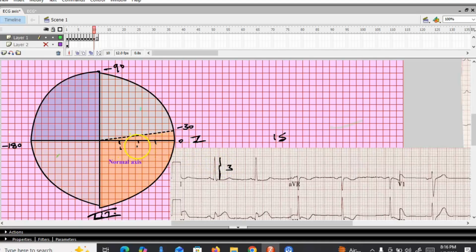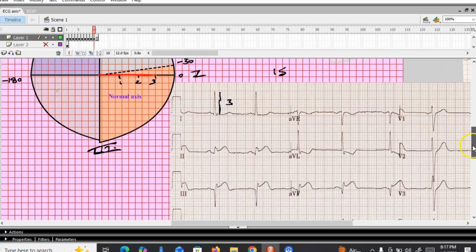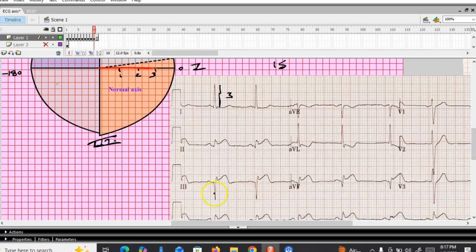Because this is positive, so here this is lead 1. Got it? Now what happens in lead 3? 2 big squares, but it is negative. It is going down, no?